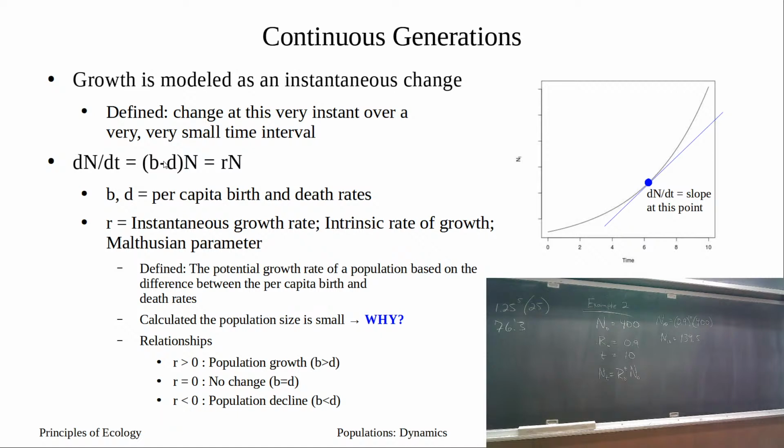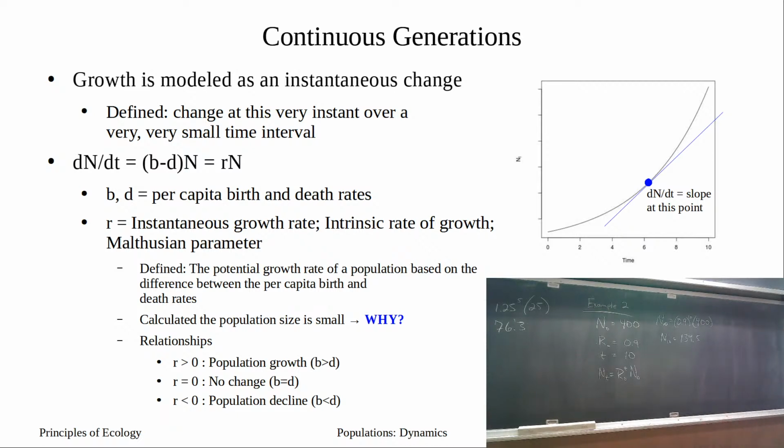Now, instead of looking at actual births and actual deaths, we're going to use rates. So a birth rate or death rate. So we're going to change it from capital letters, which would have represented actual numbers, to lowercase letters. So little b and little d represent per capita birth and death rates. The per capita just means it's a rate per certain number of individuals.